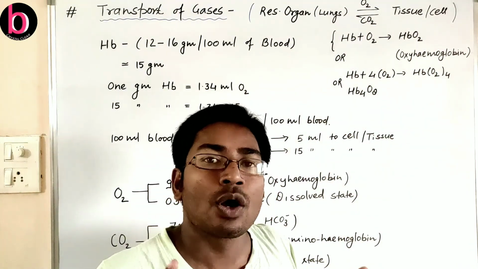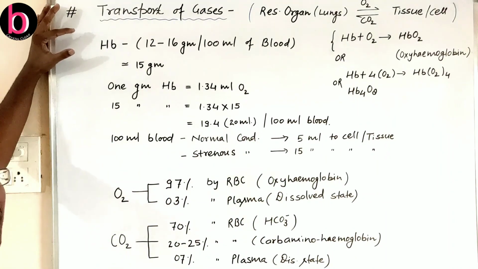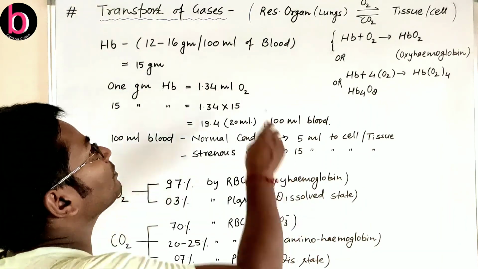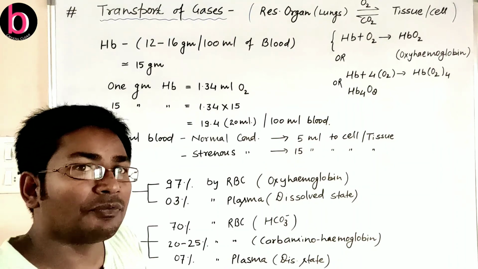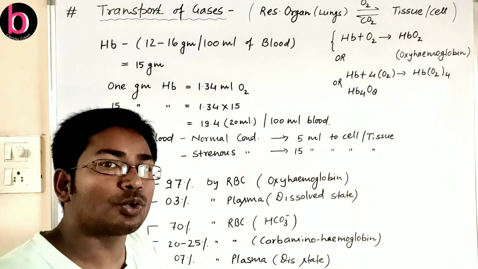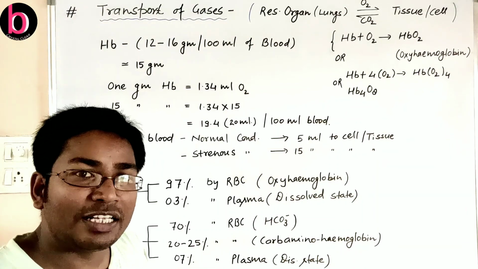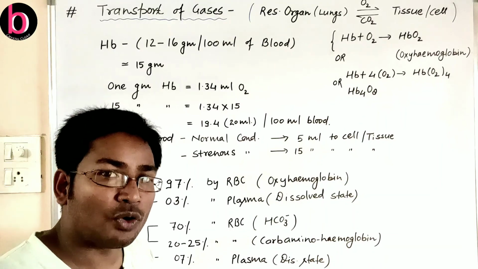All these are oxyhemoglobin. Now in general there are 12 to 16 gram of hemoglobin per 100 ml of blood. In case of male the value is comparatively closer to 16, while in case of female this is comparatively closer to 12. So for female we can say this is 12 to 14.